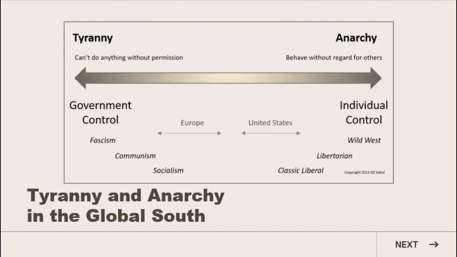So, if not democracy, ano pala yung present sa global south? We have tyranny and anarchy. These two are very contradicting because tyranny means having a cruel and strict government, while anarchy is having no government at all. And both of these forms of government are very, very harmful to civilians.